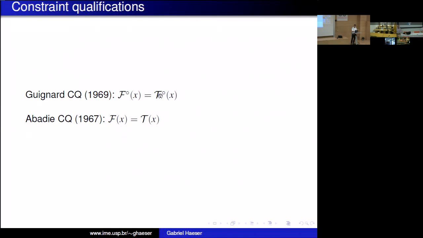If this holds, you have this. And in fact, all our constraint qualifications are stronger than Abadie. You can prove that under our conditions, the Abadie CQ holds. The cones should be the same. Not only are they polar, the cones are the same, in fact.